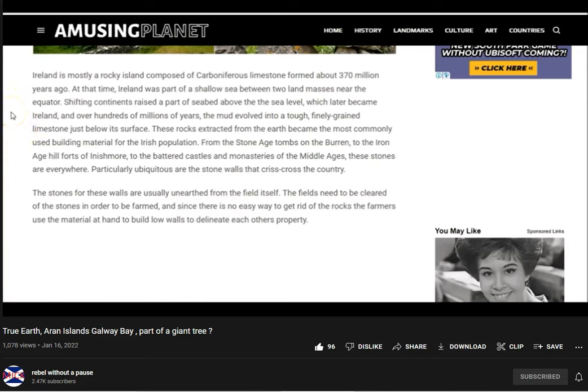These rocks extracted from the earth became the most commonly used building material for the Irish population. From the Stone Age tombs on the Burren to the Iron Age hill forts on Irish moors, to the battered castles and monasteries of the Middle Ages, these stones are everywhere. Particularly ubiquitous are the stone walls that crisscross the country.